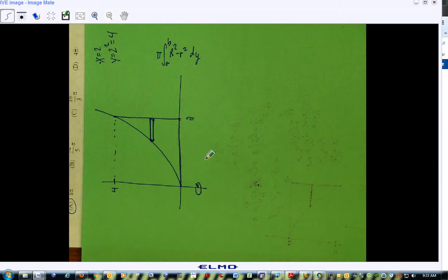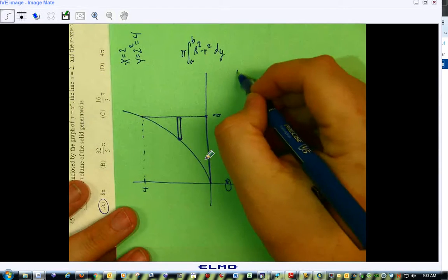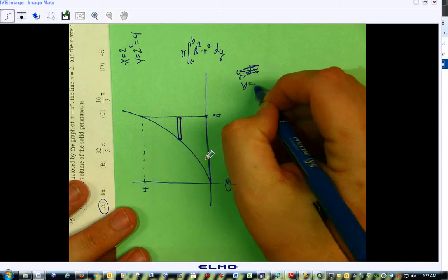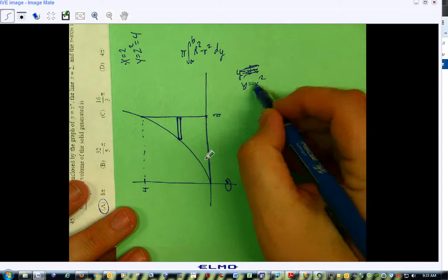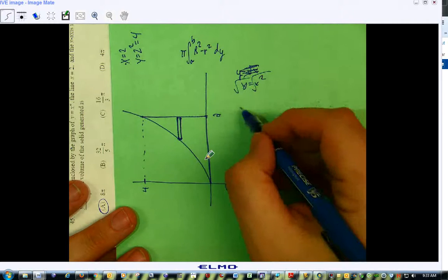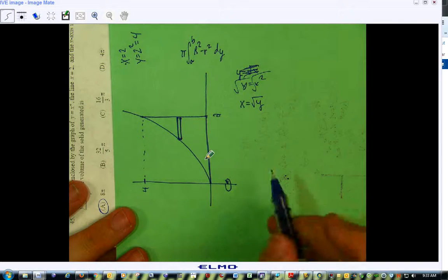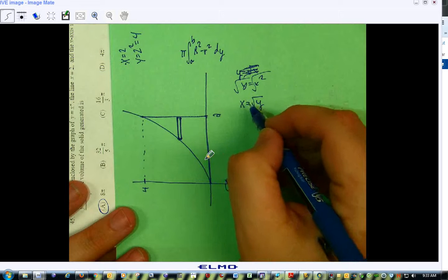Now the biggest thing with this is, since we're dealing with y's now, we know y is equal to x squared. So if I take the square root of both sides, x is equal to the positive or negative square root of y.